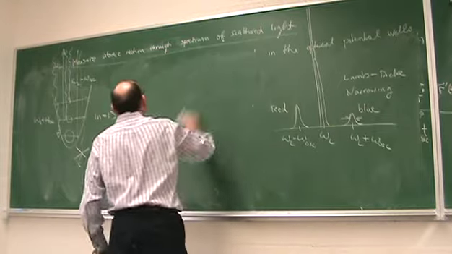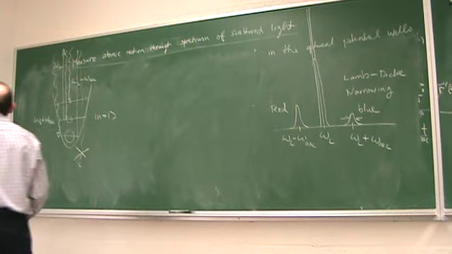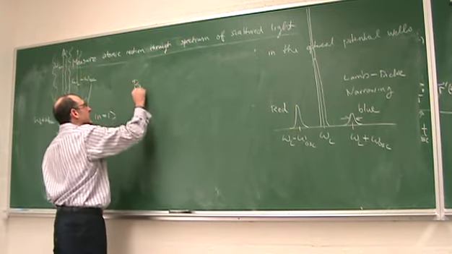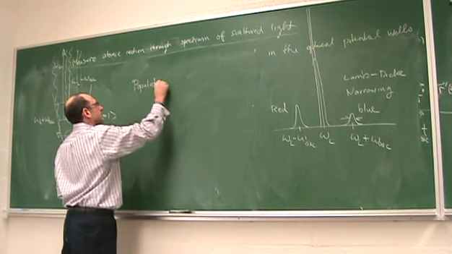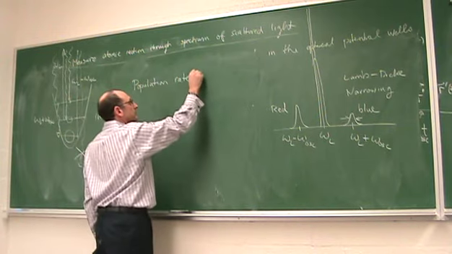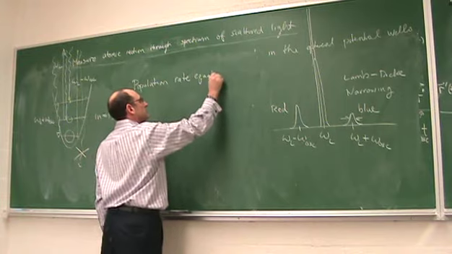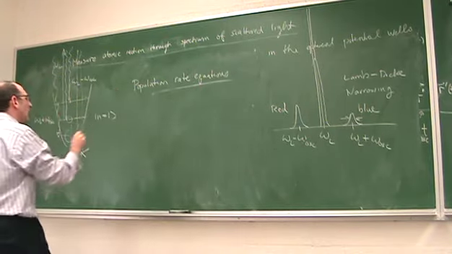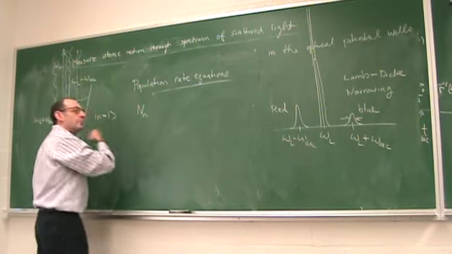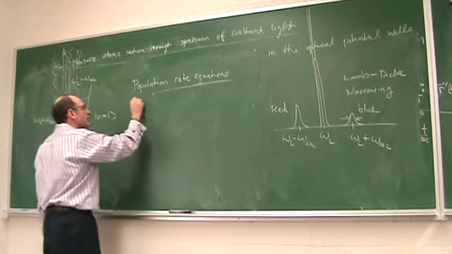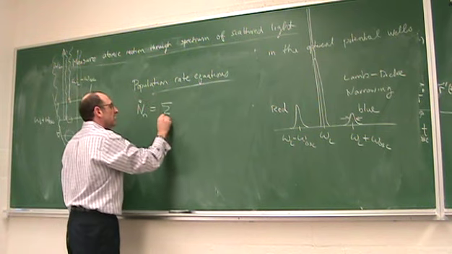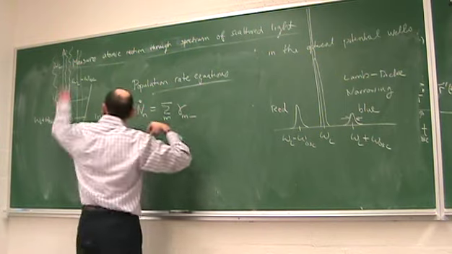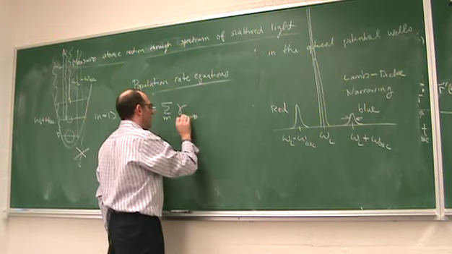So we can look at this problem now, thinking about this from the point of view of population rate equations. So the population in the nth vibrational level here changes as a function of time. There's some transition rate due to this absorption emission, the scattering of photons.